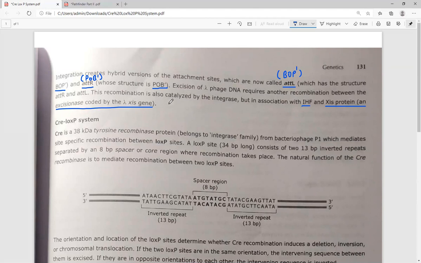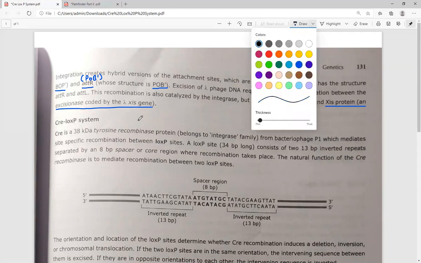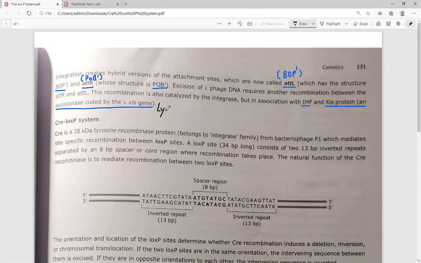If the lysogenic inversion has to take place, what do you mean by the phenomenon of lysogenic inversion? There is a phenomenon which is called lysogenic inversion. Lysogenic inversion is the phenomenon when the lysogen gets converted into a phage.